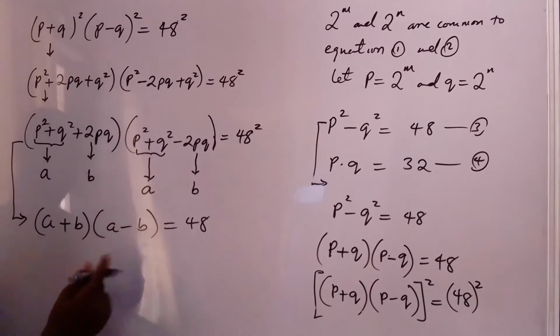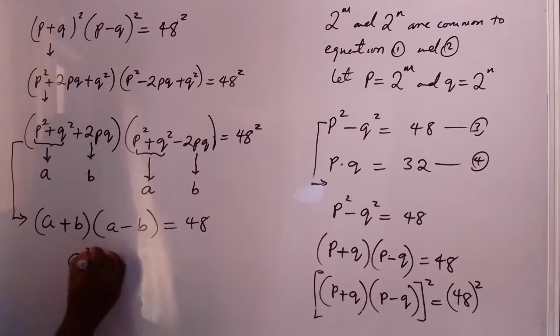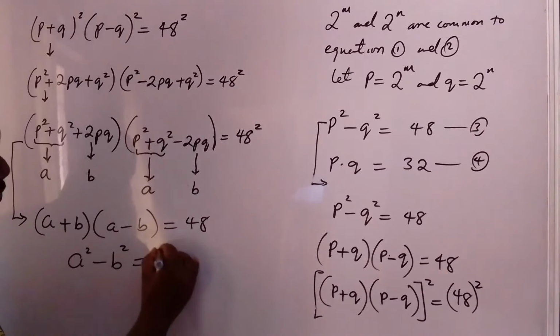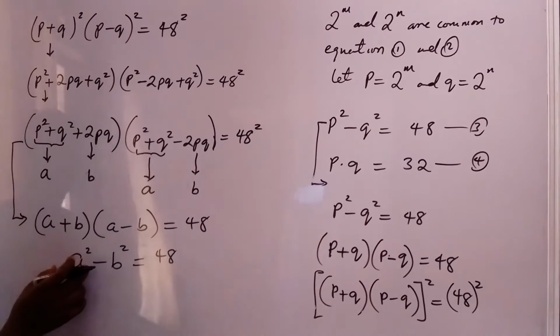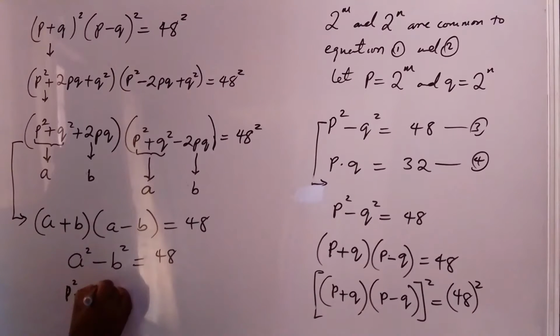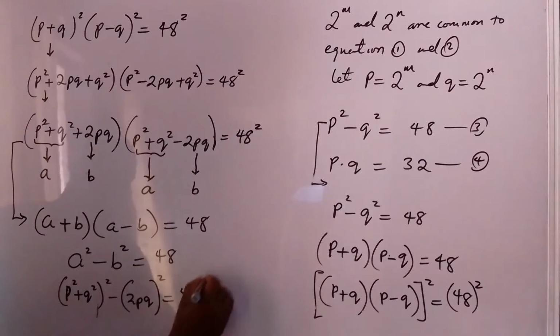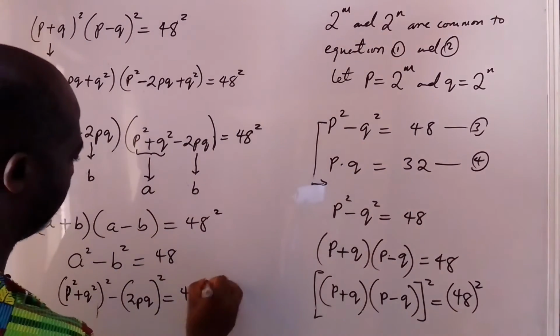Since this is a difference of two squares, I can transform this into a squared minus b squared equal to 48 squared. The value of a is p squared plus q squared, so a becomes p squared plus q squared all squared, minus b, which is now 2pq, all squared, equal to 48 squared.